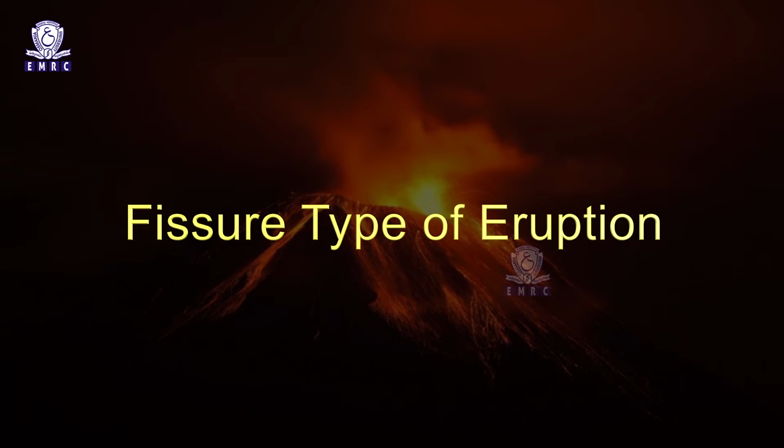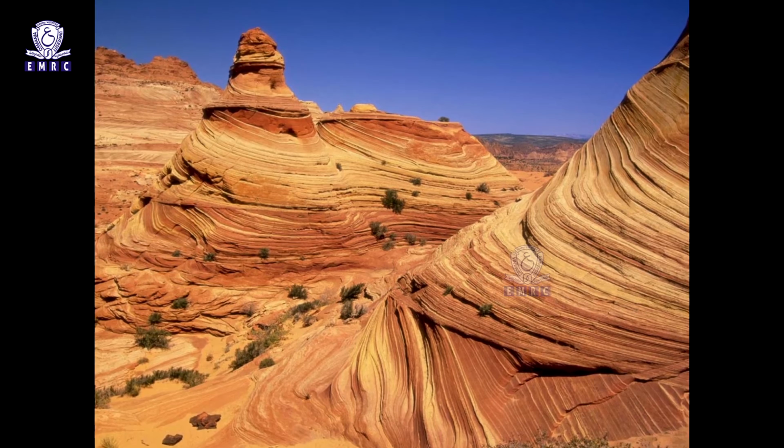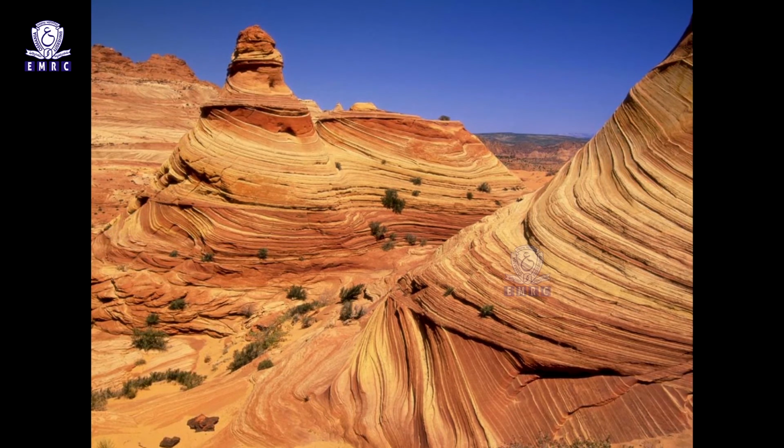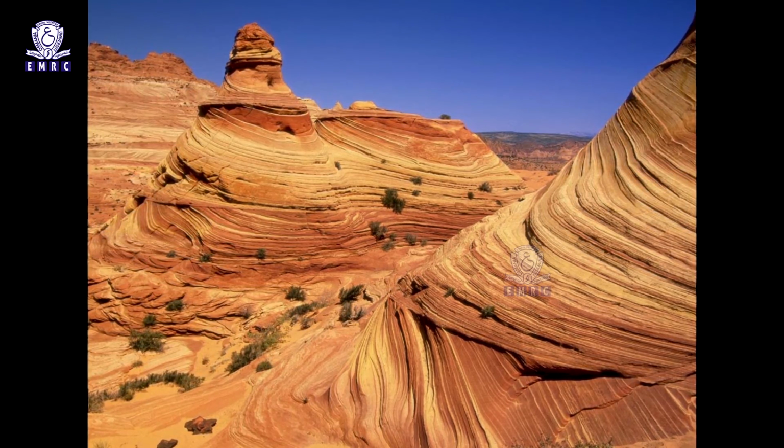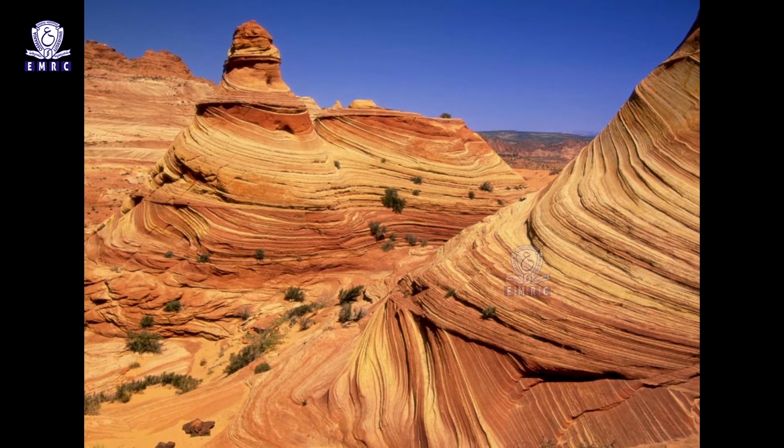Fissure type of eruption. In this type of eruption, mostly magma and other volcanic material is ejected through long cracks or openings called fissures. A large amount of magma is erupted to the surface and spreads over a wider area, forming plateaus.